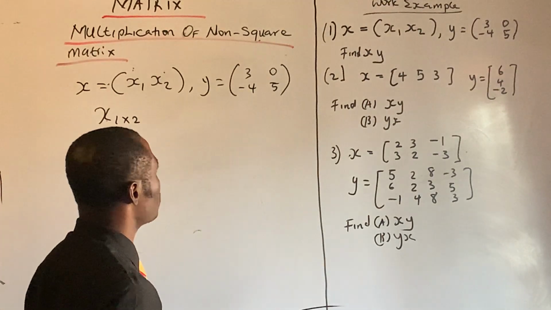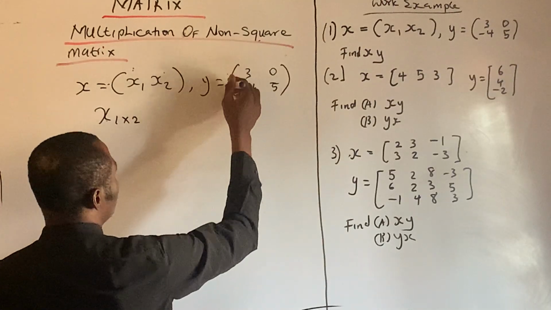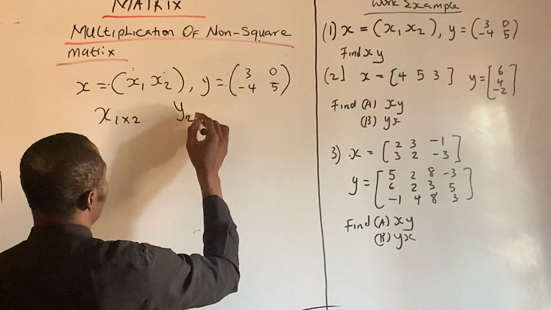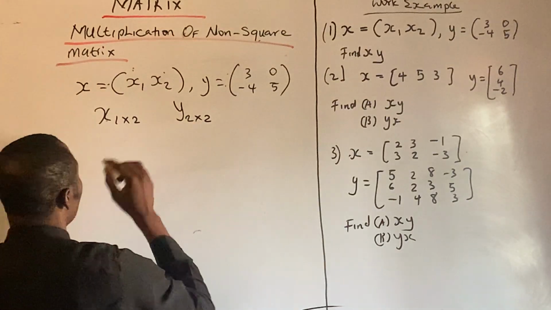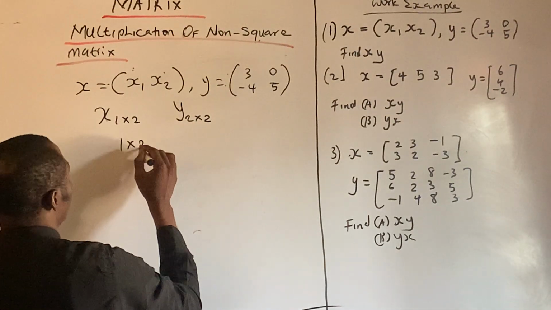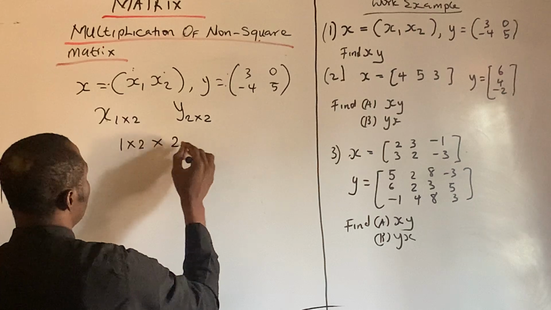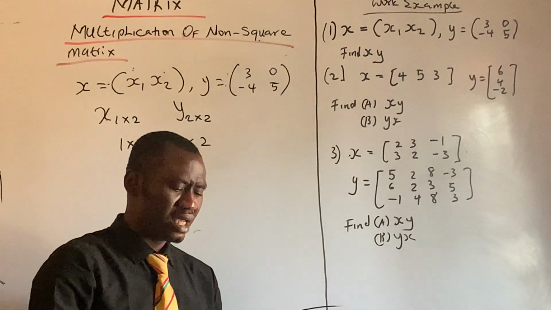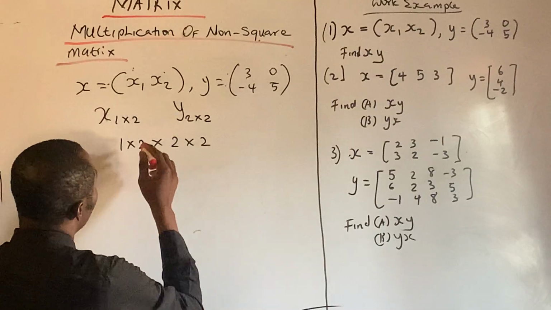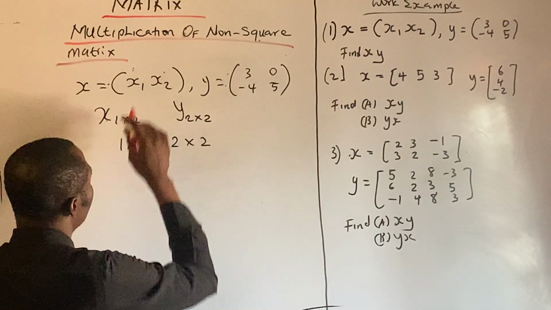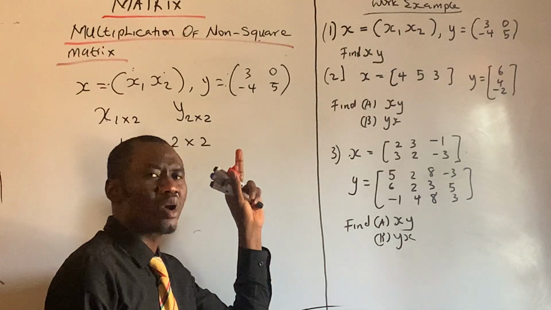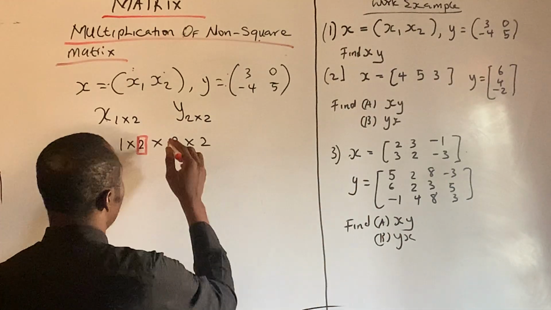Let me check matrix Y. Matrix Y has 2 rows, 2 columns. Matrix Y is a 2 by 2 matrix. So we have a 1 by 2 matrix multiplying a 2 by 2 matrix. Now you need to check that the number of columns of the first matrix equals the number of rows of the second matrix.